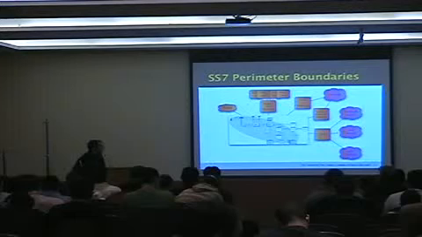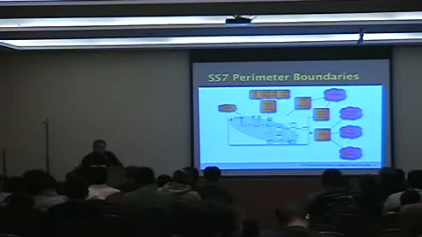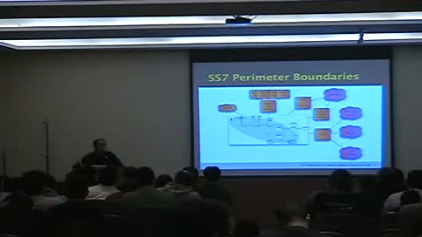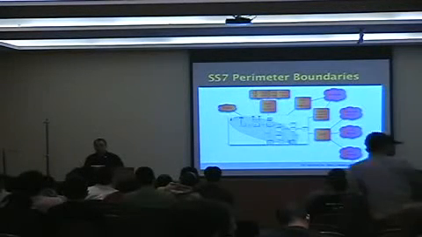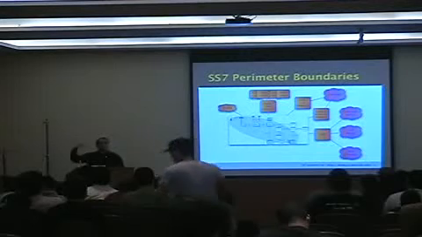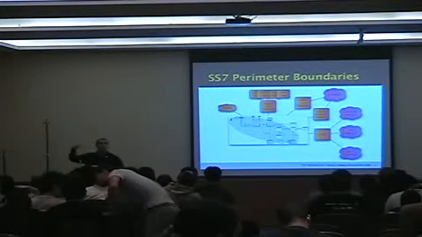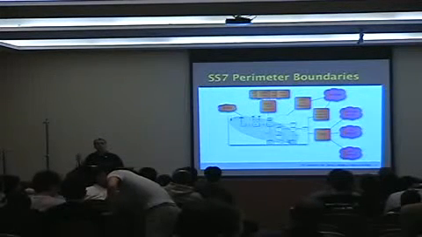And the one we are most interested in is the STP, which connects to different clouds. One cloud is, of course, the international cloud. That means that through one SS7 peer, you're going to be connected to all the rest of the telecom operators.